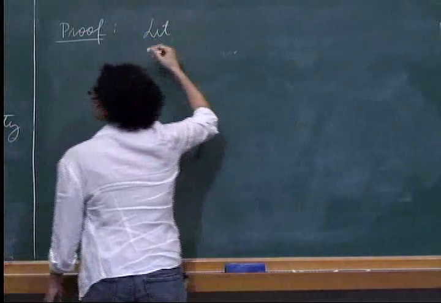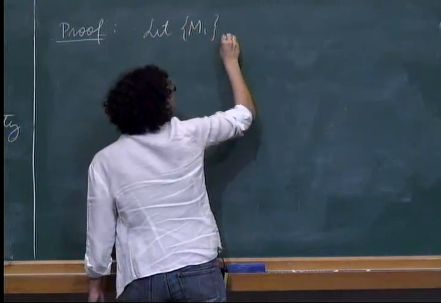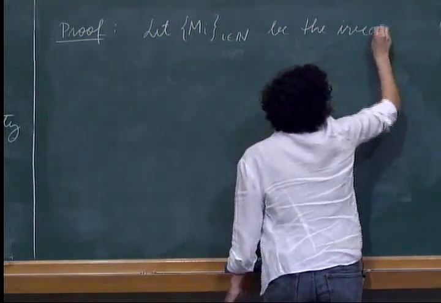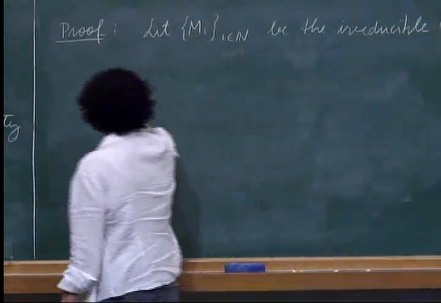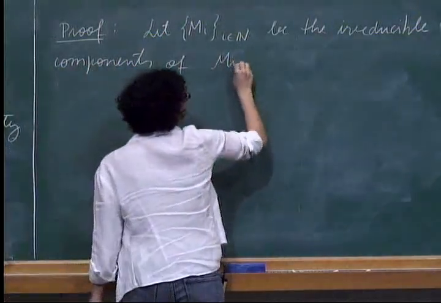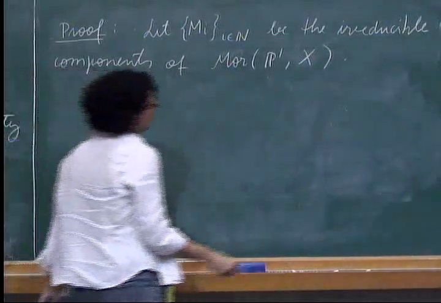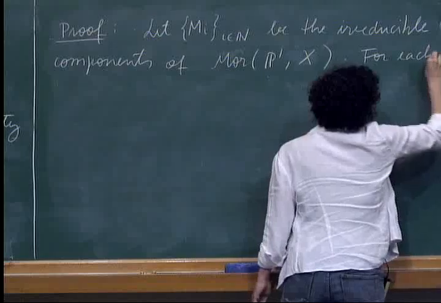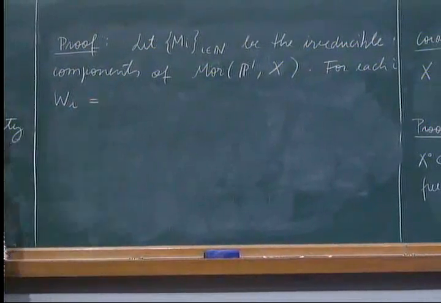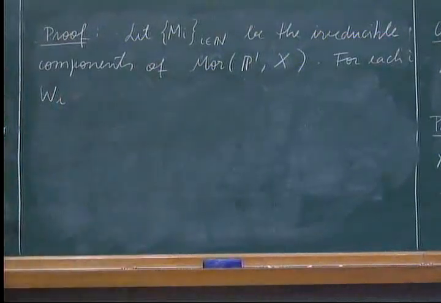So let me give a name, Mi, i in N, to the irreducible components of the space of morphisms from P1 to X. And for each i, I will define Wi to be the closed subscheme of Mi parametrizing non-free morphisms.